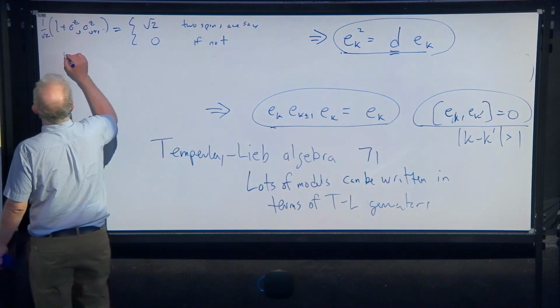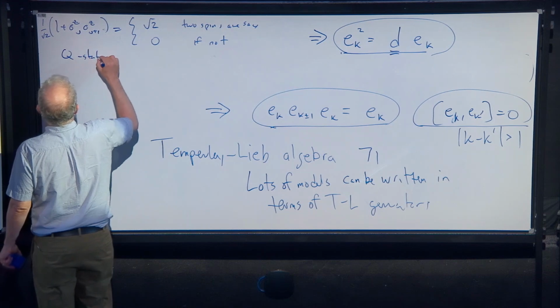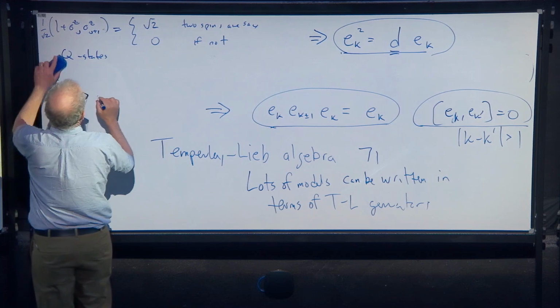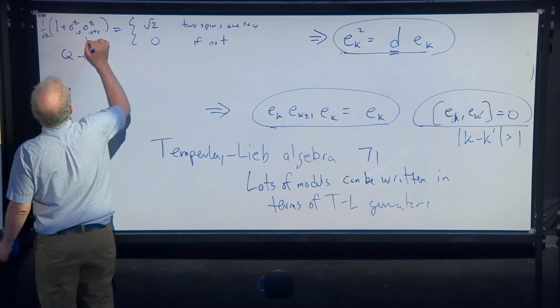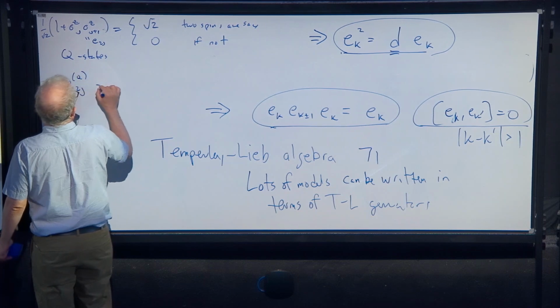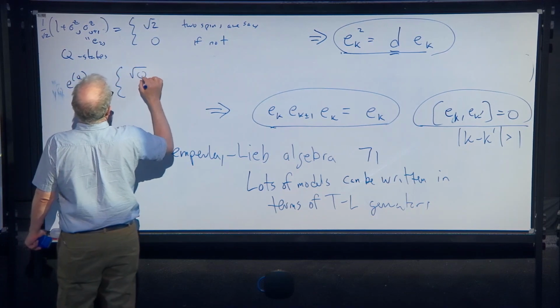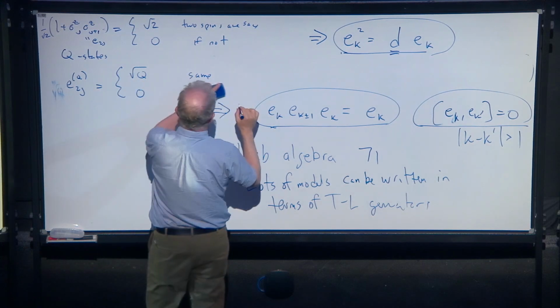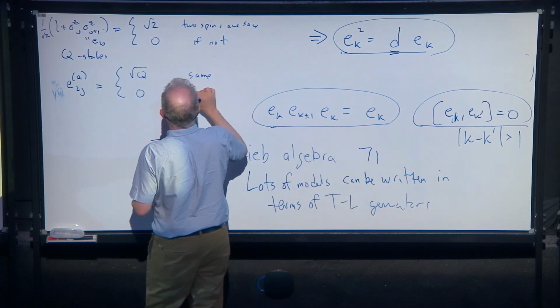So for Q states, we then do the obvious thing again. We say 1 over, we then just take, so this was E sub 2j. So for the Q version of E2j, we take this to be Q if they're the same, of the Q, and then different.